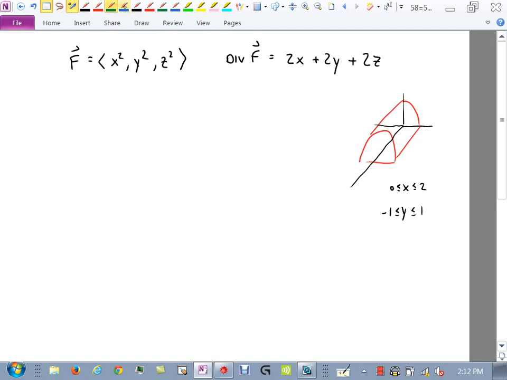Okay, and then the equation of this surface up here, the top of the solid, was z is square root of 1 minus y squared.